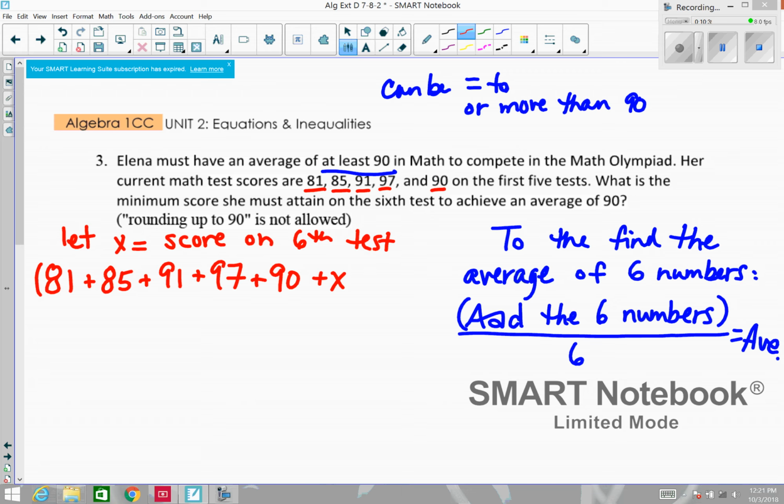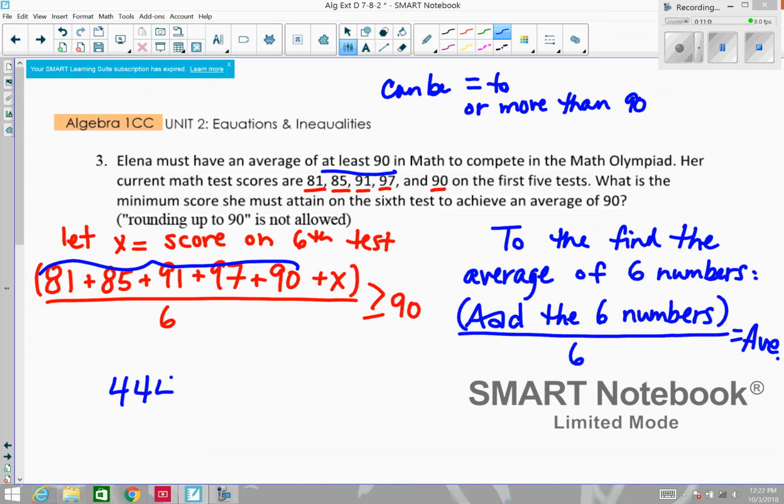So once I add all of that up, we would need to divide that total by the number 6. And we want that average number to be at least 90. So it can be greater than 90 or it can be equal to 90. So what I will do now is take those first 5 scores and figure out what those numbers are added together and simplify that part. When I do that, I get 444.